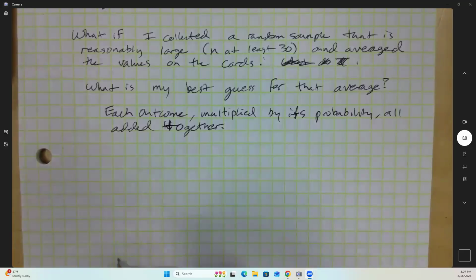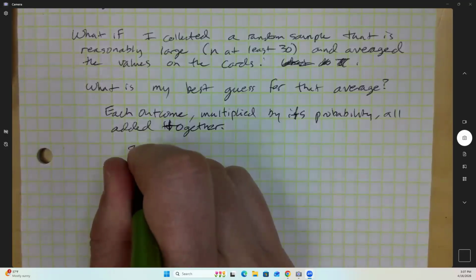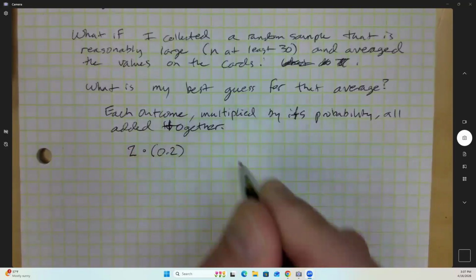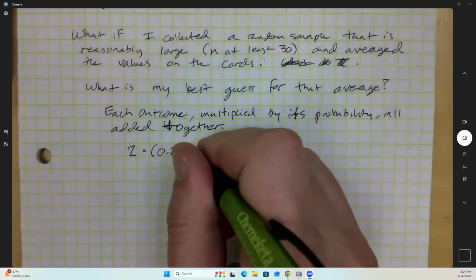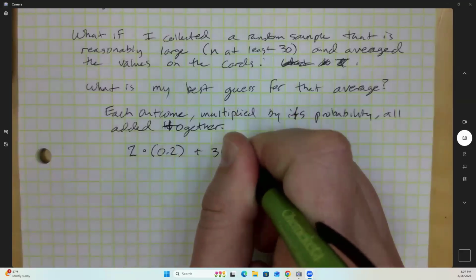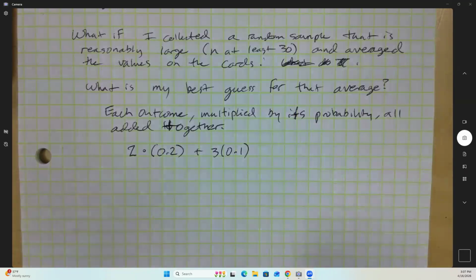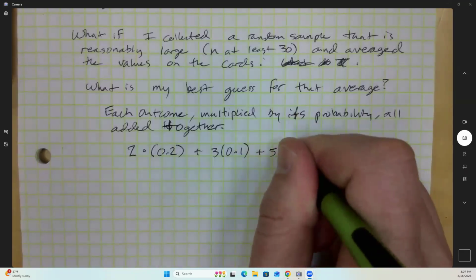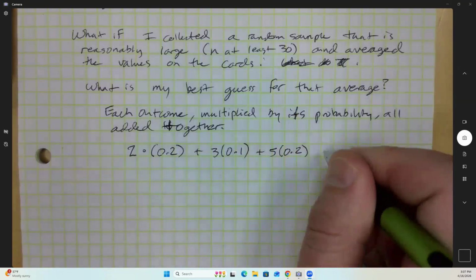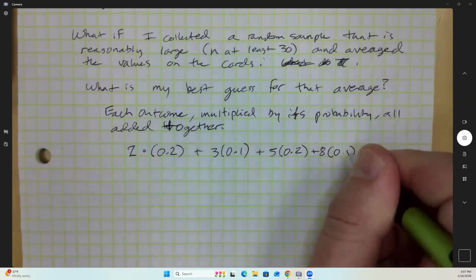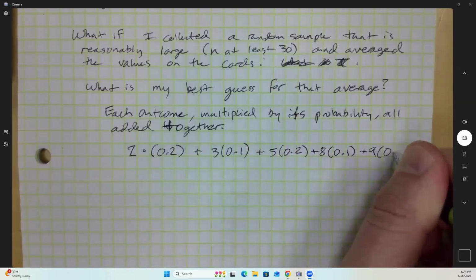So we would take on the first outcome, which was 2 times its probability, which is 0.2. And then we would take 3 times its probability, which is 0.1. And we would take 5 times 0.2 and 8 times 0.1 and 9 times 0.4.